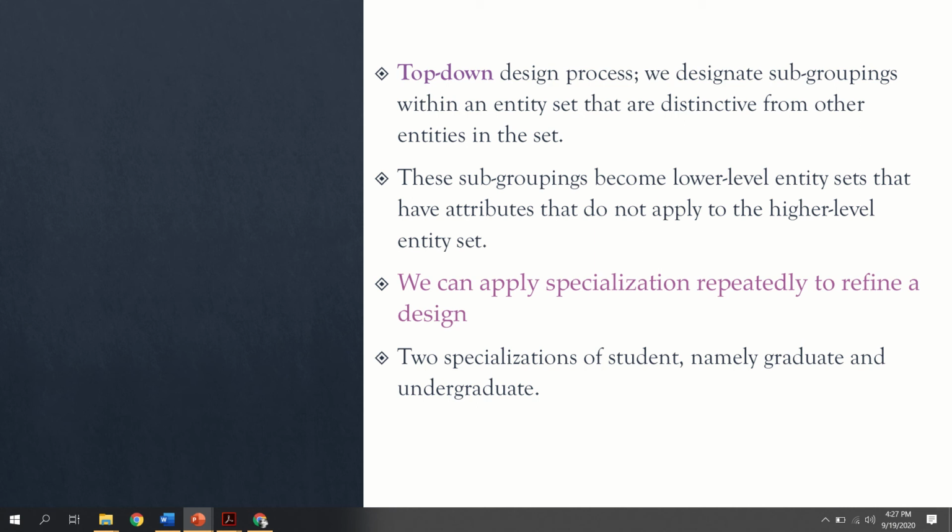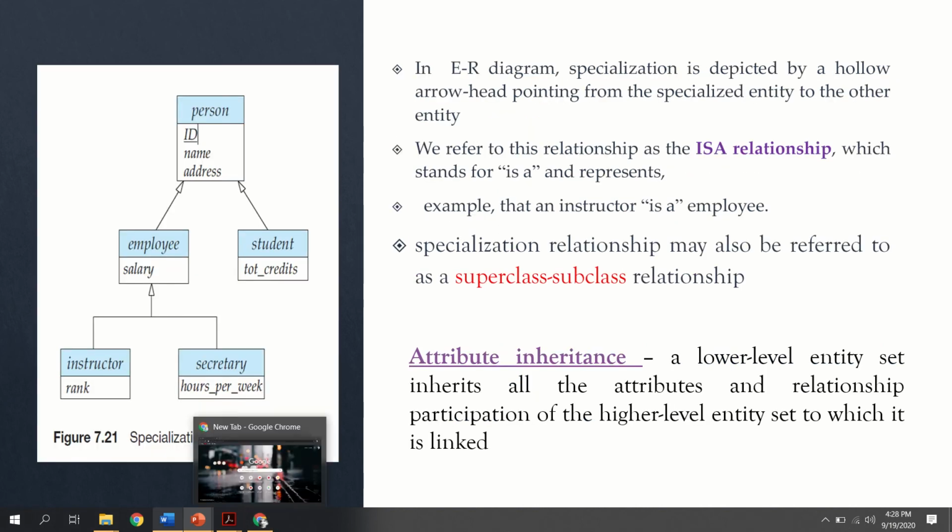Whenever we divide into lower entity sets, the lower entity sets will have some attributes which can only be applied to the lower level. They cannot be applied to the higher level. Here, salary is an attribute at the lower level. This attribute is not available in person. It is only available for the subclass called employee.